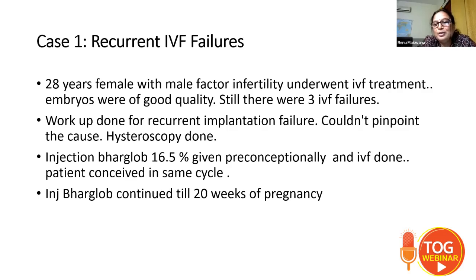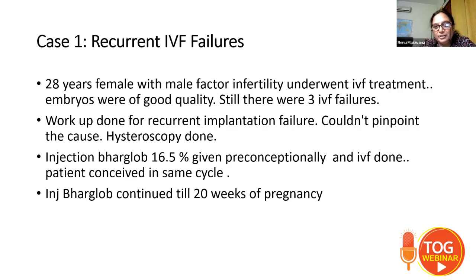So I got a TNF alpha test. It was high. I ruled out genital tuberculosis, did a hysteroscopy and a hereditary thrombophilia test. Everything was normal. Then for immunization, it can be active immunization by lymphocyte immunotherapy or passive immunization by IVIG.